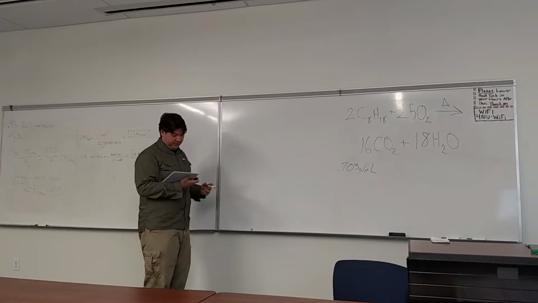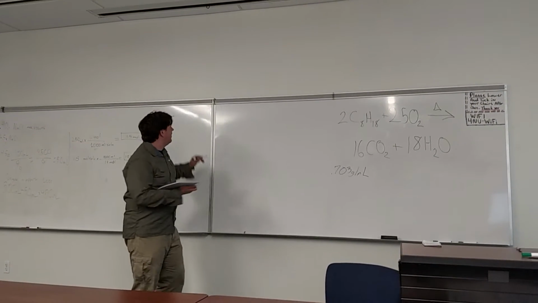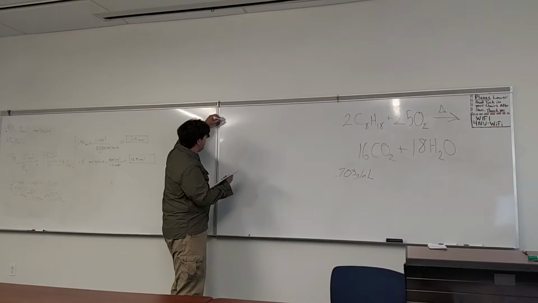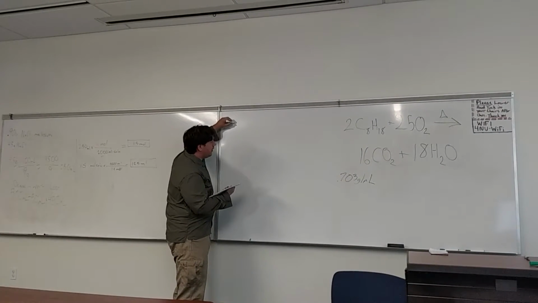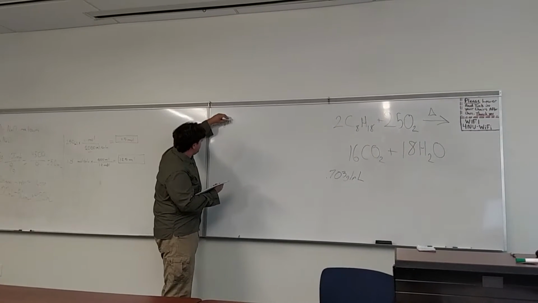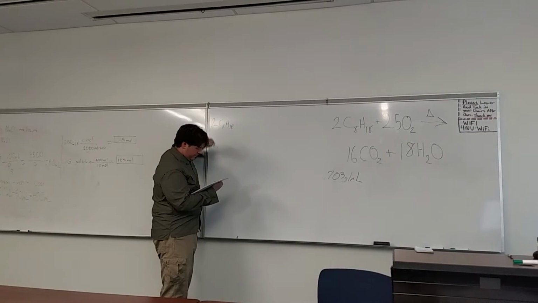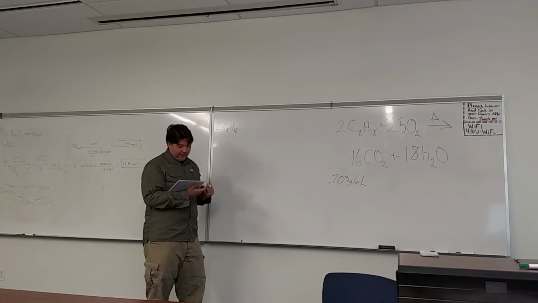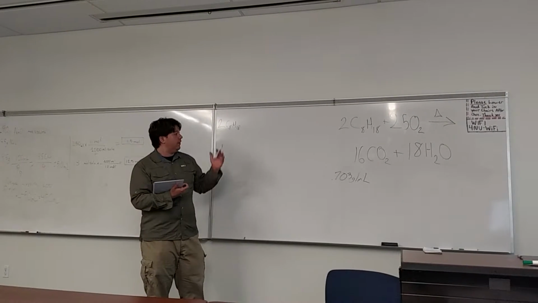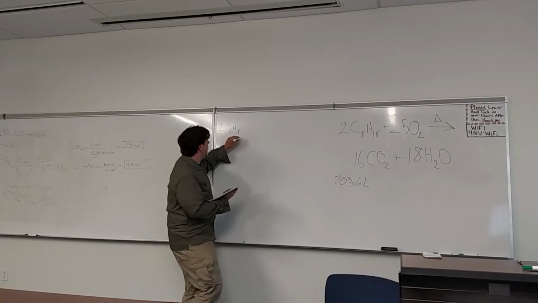So to calculate this, we're going to use a little bit of our factors here. So we know that in this equation, there are 2 moles of C8H18. And the first thing we need to find out before we can use this density that we have is how many grams per mole octane is.